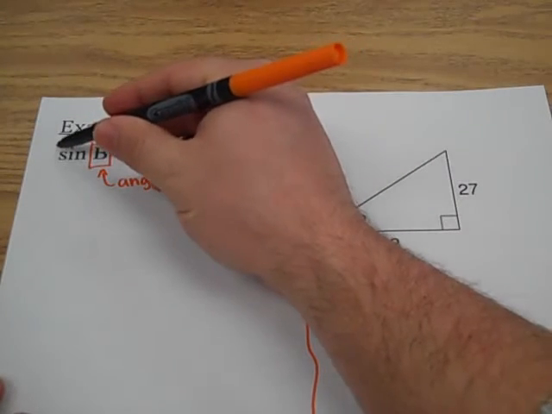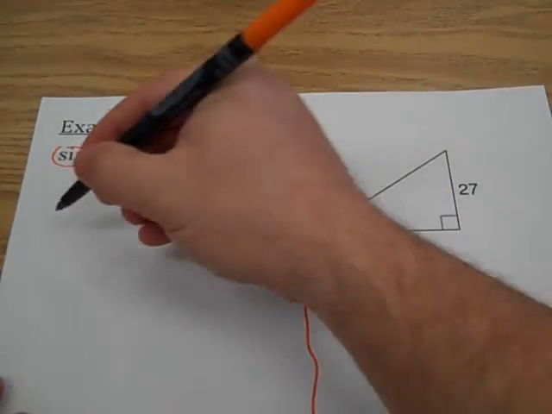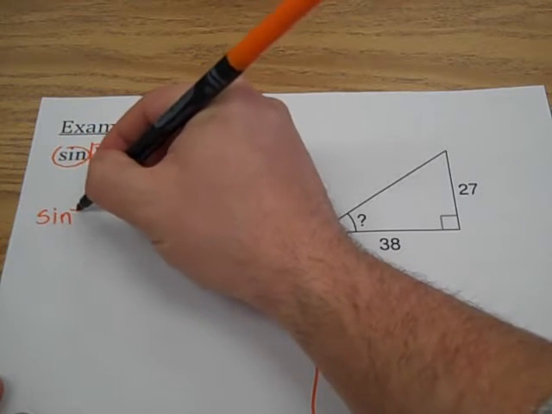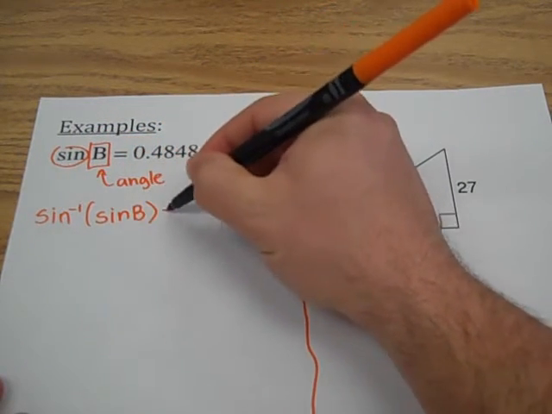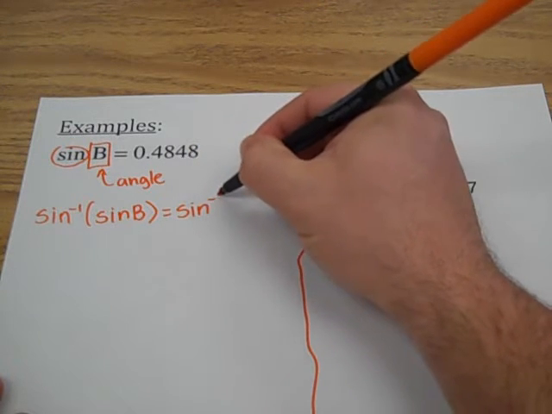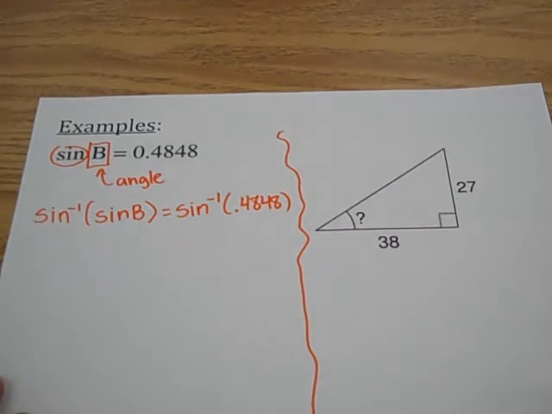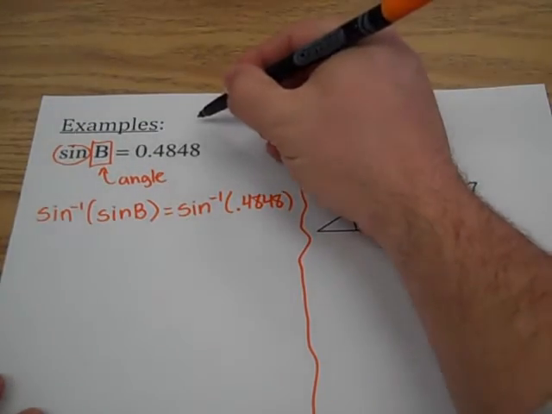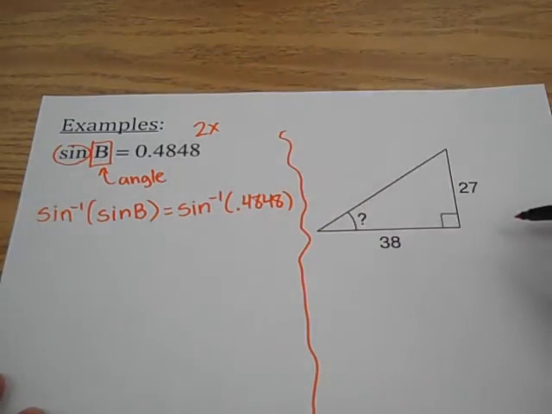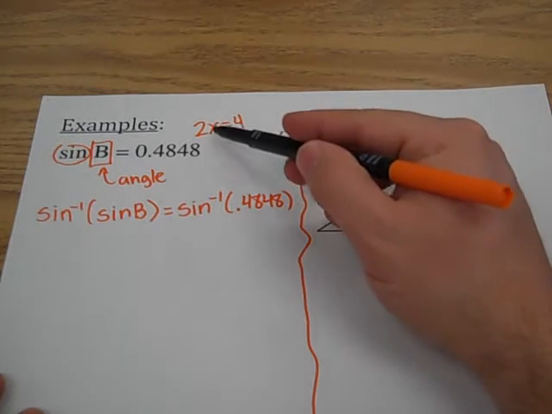So in order to get rid of the sine at the beginning, on both sides we would do the sine inverse. It's sort of like if I have 2x equals 4, and I want to get rid of the 2 in front of the x.